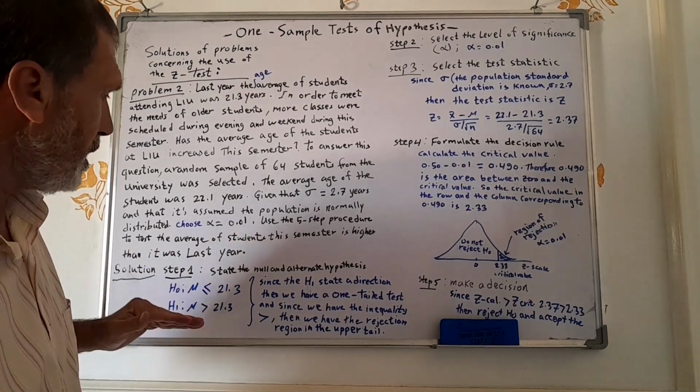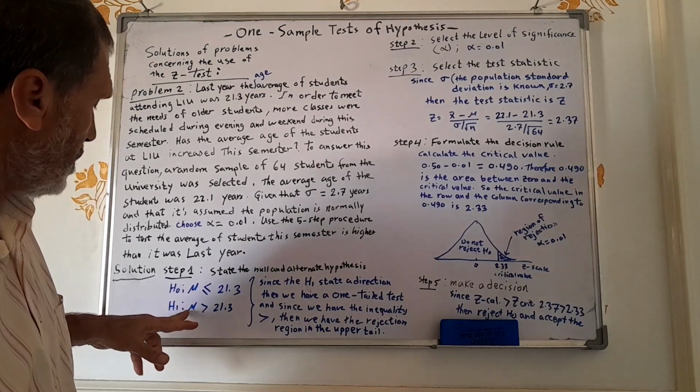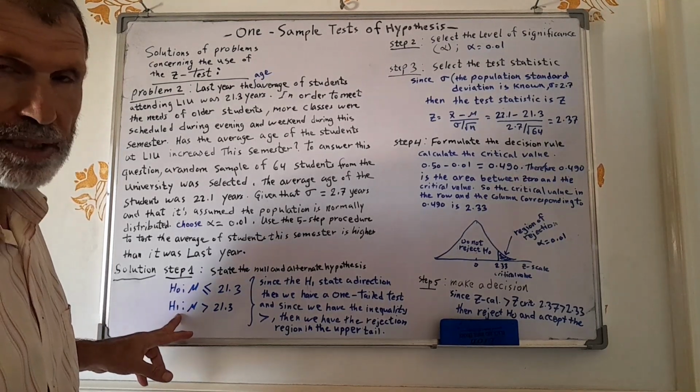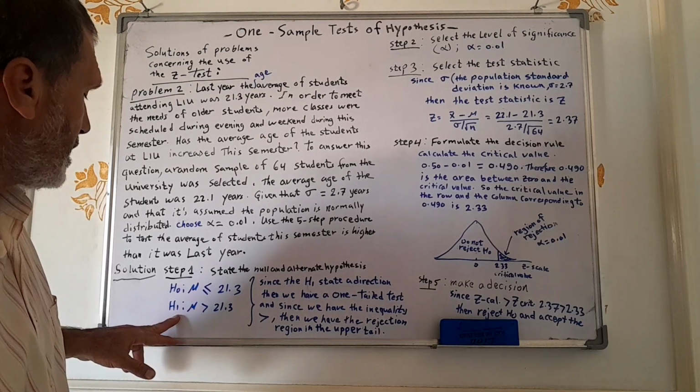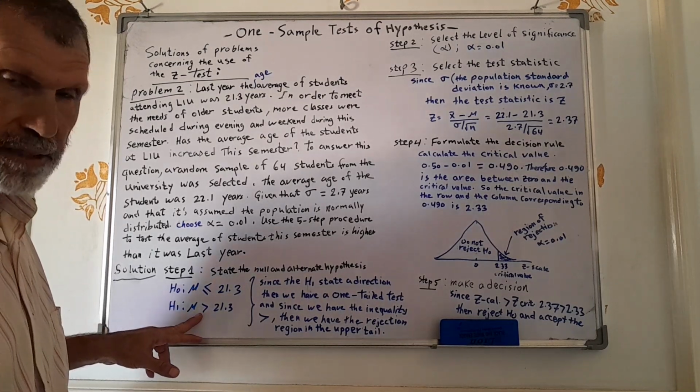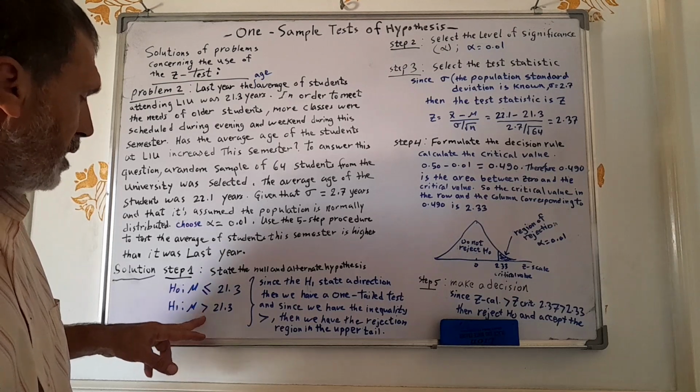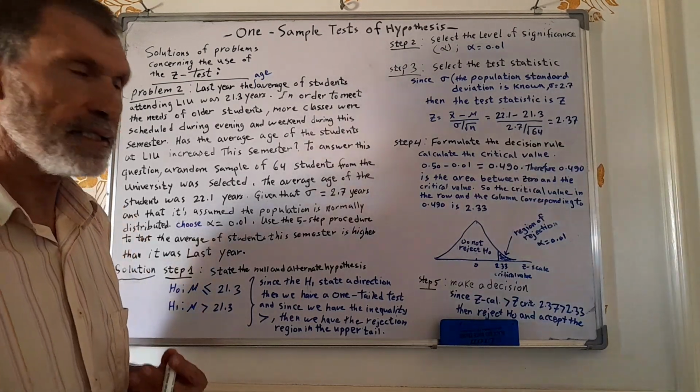As you can see, H1, the alternate hypothesis, states the direction, which is greater than. So here we have a one-tail test.